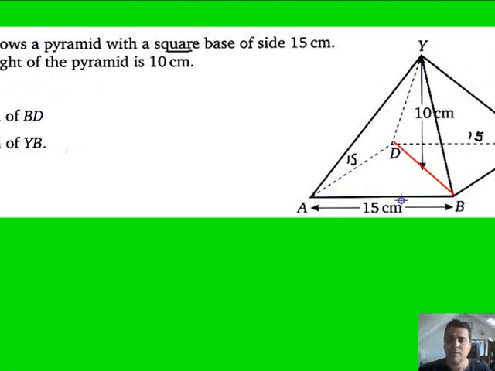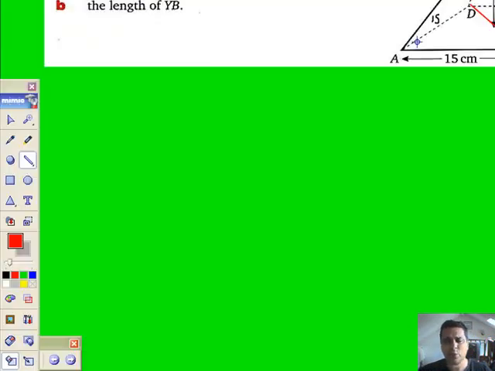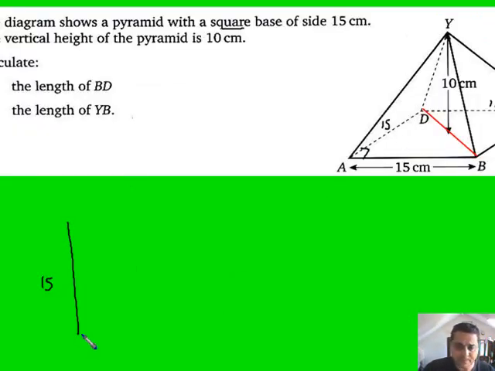Fair enough. Okay. Well, if we look carefully, if we have a square base, I've got a 15 going into the page or into the screen from A to D. I've got 15 along the base, A to B. So if this is a square, then that actually is a lovely right angled triangle. Alright, so I'll draw you what I've got here. I've got 15, that's that one right there. I've got 15 here at the front, A to B. So let's just draw it in.